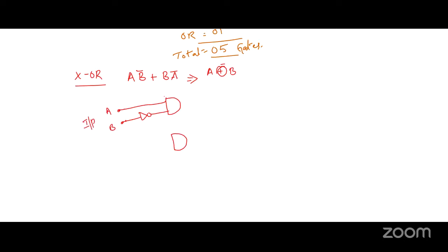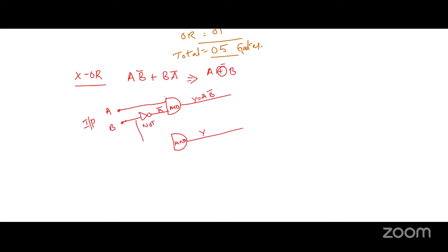So this is B bar. Which gate is it? Not gate. AND gate. So what is the output? AB bar. Another AND gate is there. BA bar.